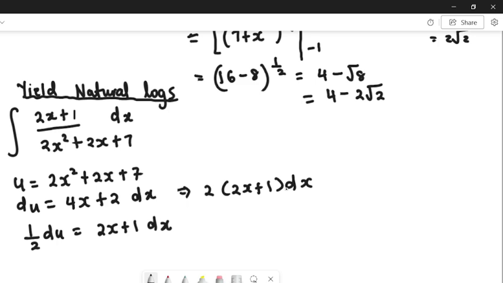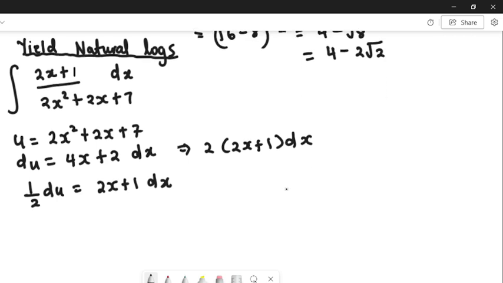Now after that, you're going to substitute back so that you can simplify our integral. This gives you 1 over u du, because du is simply 2x plus 1 dx. But now our du is over 2, so we put our half outside, meaning we factor it. The integral of 1 over u is simply ln of u. So we're going to get a half, and now we have ln of u.